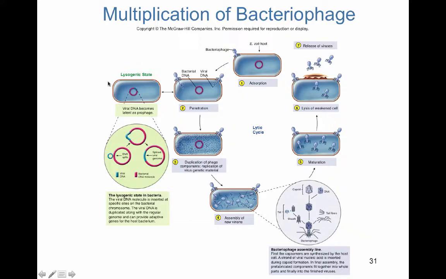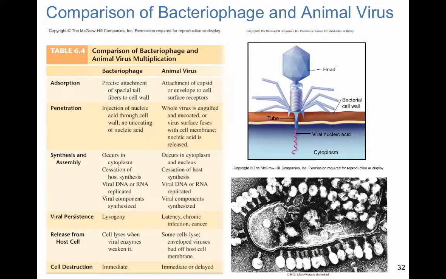So it can actually enhance virulence or enhance pathogenesis. So very similar steps here with regards to viral replication or viral multiplication when we're looking at how a bacteriophage behaves versus an animal virus.